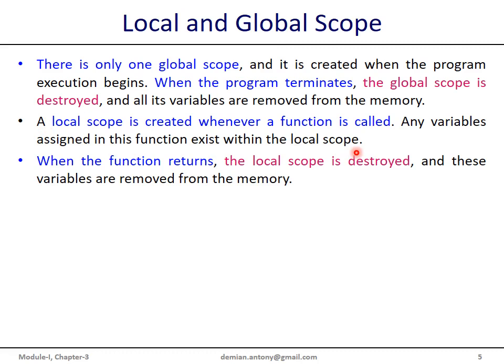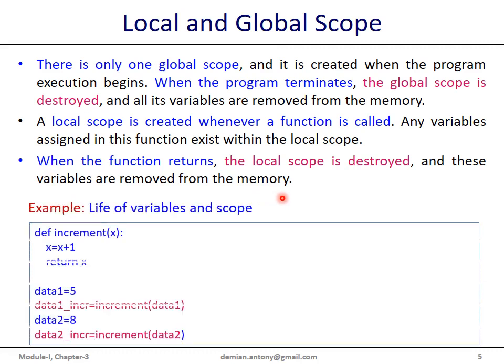That means they are local variables and their accessibility is restricted to within the function. And when the function terminates through a return statement, the local scope is destroyed and all the local variables are removed from the memory. Let us take up the example.